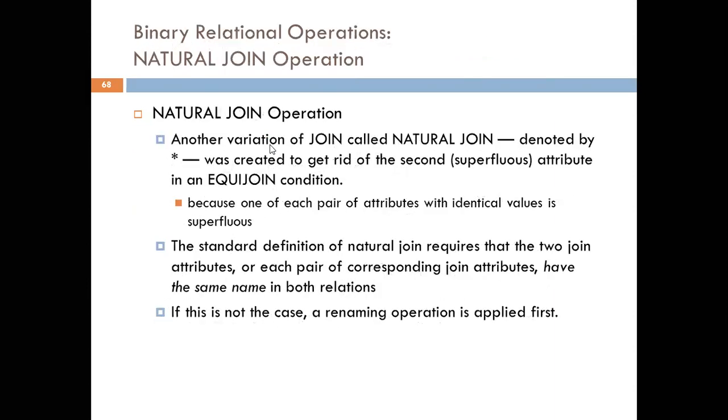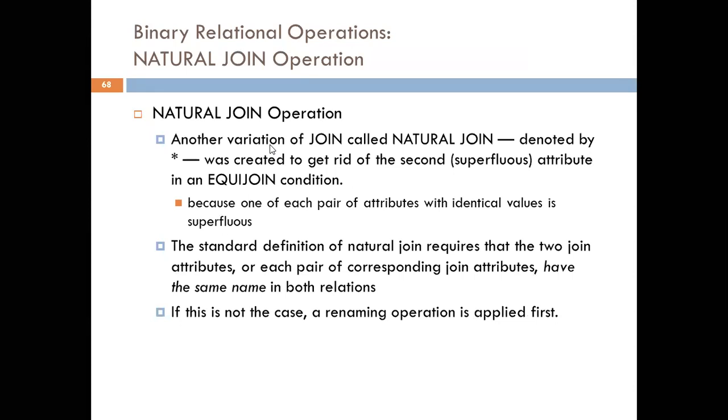Then another term we have is natural join. This is quite a bit of a variation from the join operation. It is denoted by a star. Instead of whatever symbol we saw for the join operation, here a star is used.